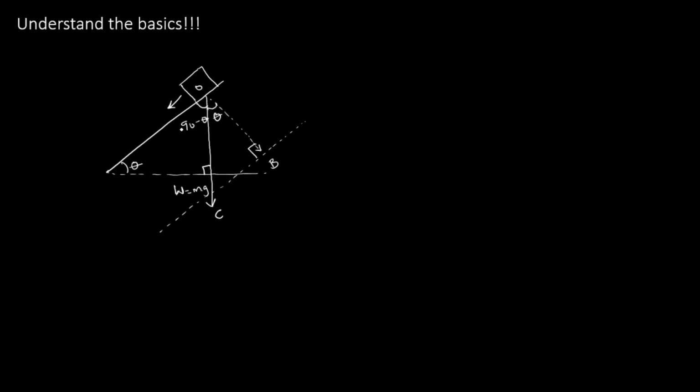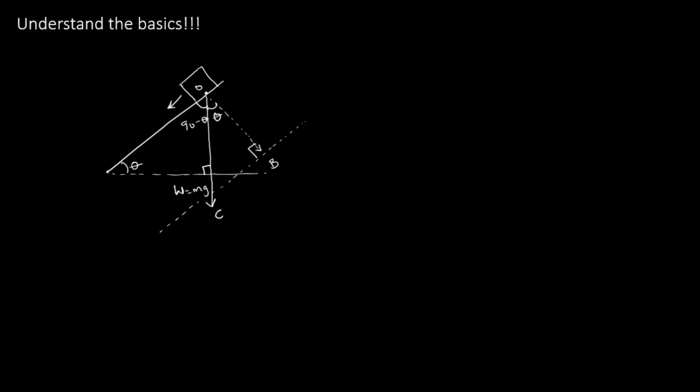So if one side is already 90 minus theta, it implies therefore that this angle must be theta. Okay, now we can apply our trig functions to obtain the parallel component, which is CB, and the perpendicular component, which is OB.